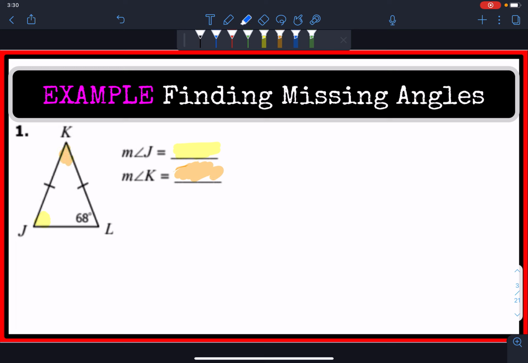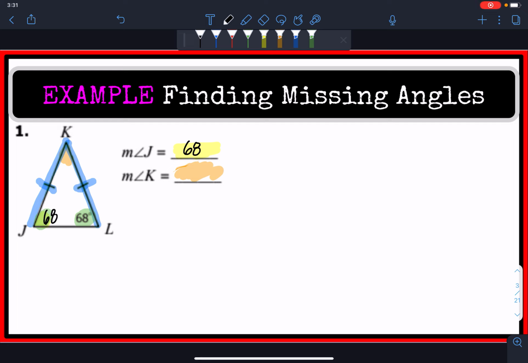Well, since this side is congruent to this side, as again indicated by those markers right there, then that means that this angle is congruent to that angle right there. So this is also going to equal 68 degrees. So angle J has an angle measurement of 68.